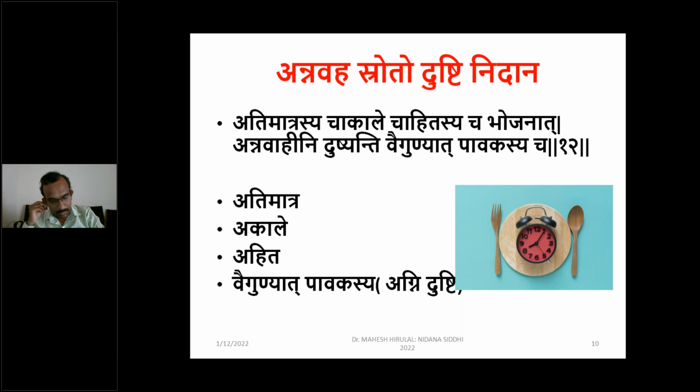If you see any person, if you ask him, he will tell about these things. If you take the history of any person, the person will tell that he may be having Atimatrahara, untimely food, and he will not be taking Hita Bhojana, and the Agni dushti. So we'll see about the Agni dushti, why the Agni dushti will directly influence the Annavaha srotas.